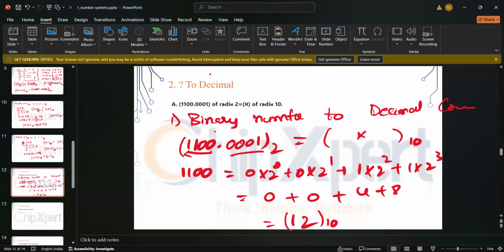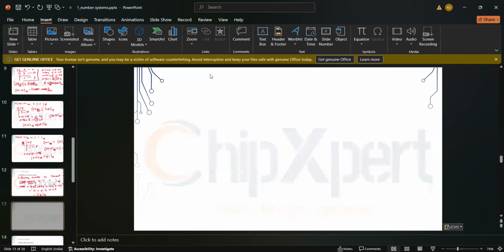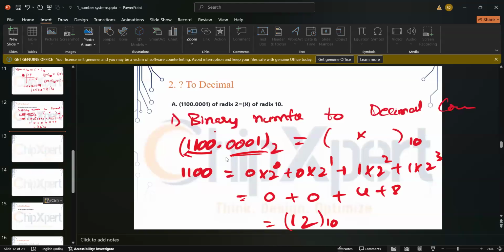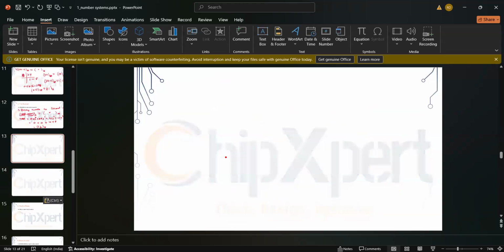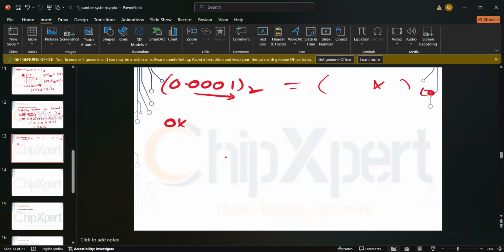And I need to do it for 0.0001 also, right? 0.0001 of your binary number. I need to convert this number into decimal format. To represent 0.0001, I need to go in this format: 0 into 2 power minus 1 plus 0 into 2 power minus 2 plus 0 into 2 power minus 3 plus 1 into 2 power minus 4.